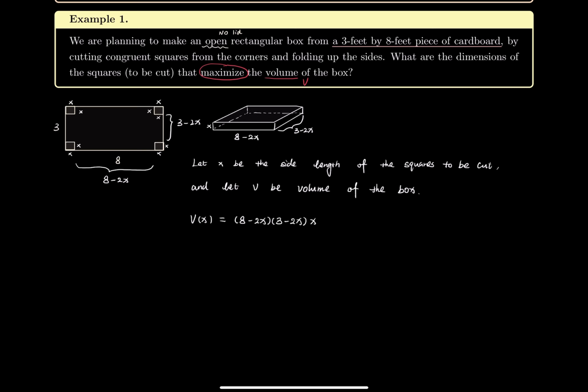So it's this length times this length times this length. And now of course you can expand it. After expansion, you get 4x cubed minus 22x squared plus 24x.